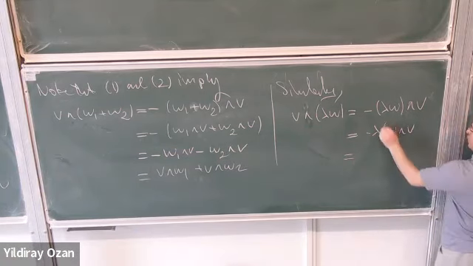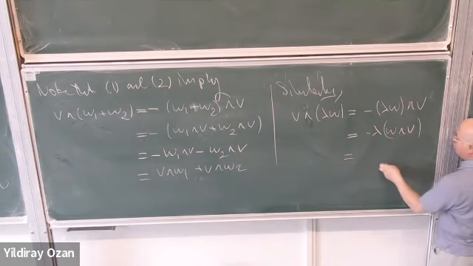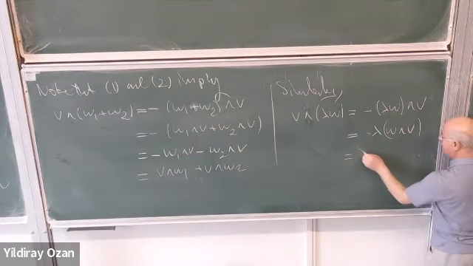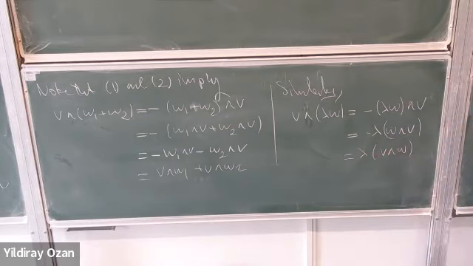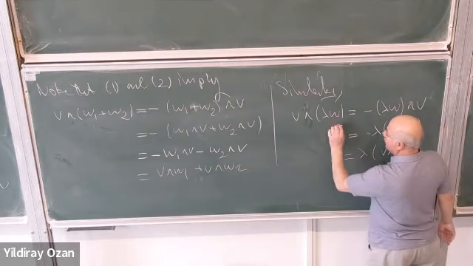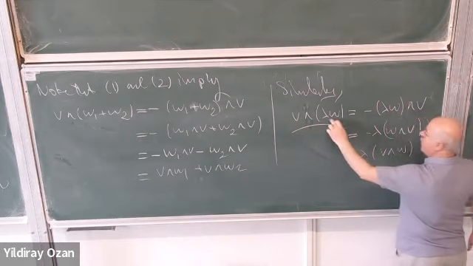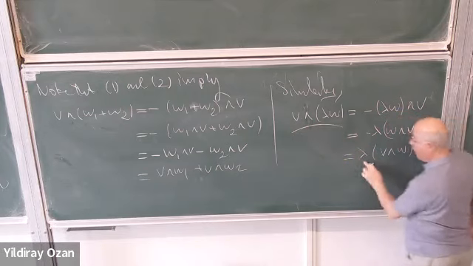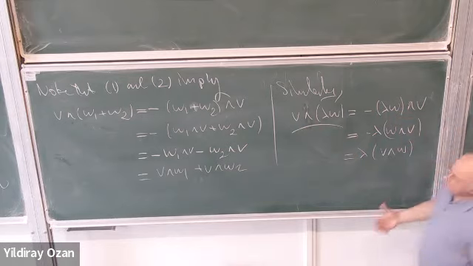But then, if I just replace using 1, I pick up a minus sign. Therefore, we get this. So what we obtain is that if I have v wedge lambda w, I can take this lambda outside. Okay. So you may use either definition.